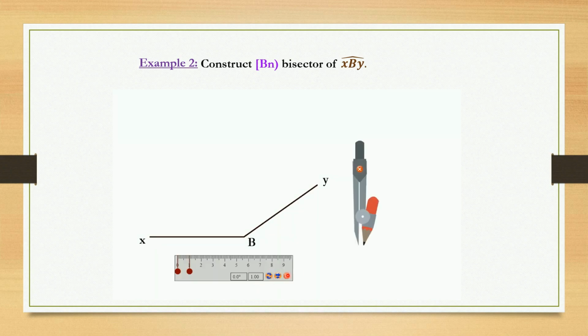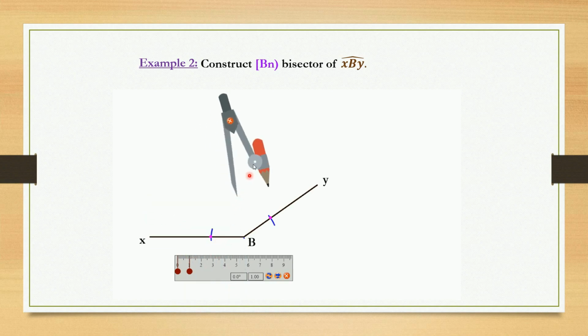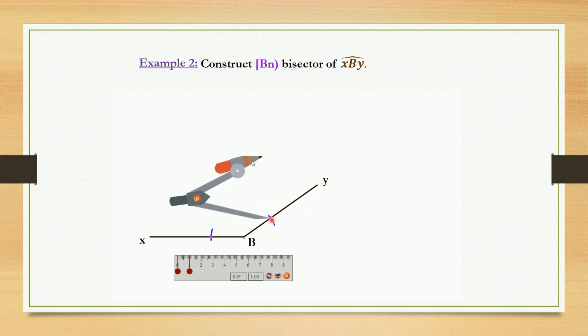So first step, I bring my compass, I put the needle on B, I open my compass as much as I want, then I draw an arc that cuts BY at a point and another arc that cuts BX at another point. Then I bring my compass again. Here I can change the radius for the 2 other arcs. I put the needle on this point of intersection, I draw an arc.